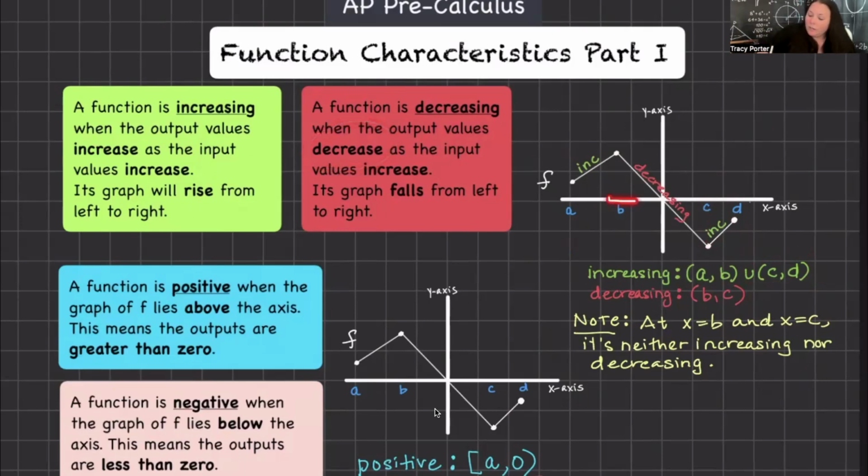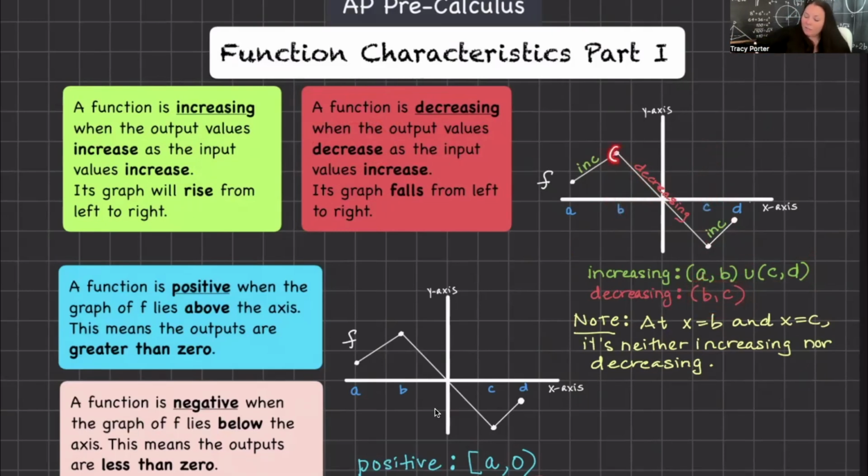So you're still looking from left to right, but your output values now are getting smaller, right? Because as you go down on the y-axis, your values decrease. So visually, that's going to look like the graph is falling from left to right. So we would say that this is decreasing from B to C, okay, from B to C.